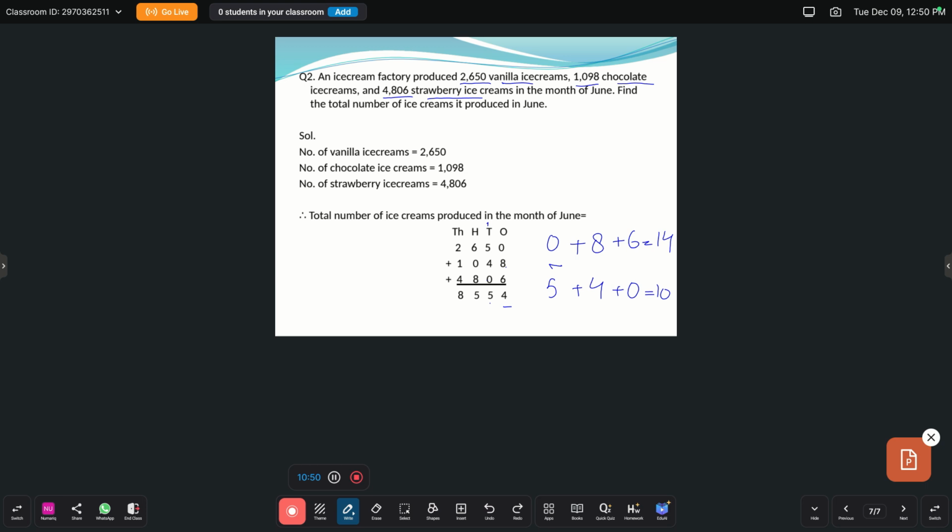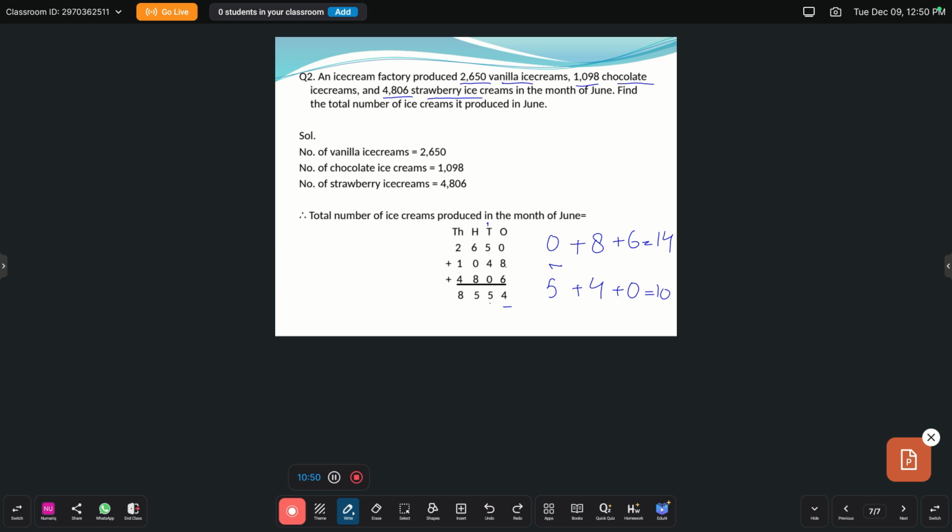Okay. So 6 plus 8 is 14, and plus 1, that I carry over earlier. So 14 plus 1 is 15. Okay. So we will write only 5 here, and 1 we will give carry over to thousands place.